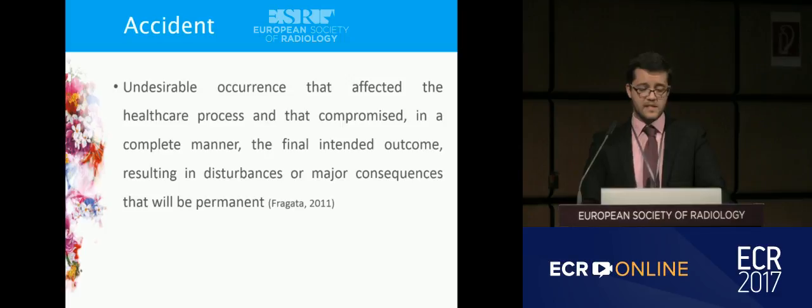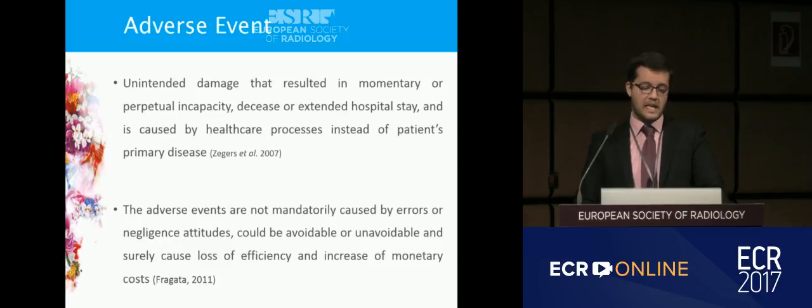The accident is an undesirable occurrence that affected the healthcare process and that compromised in a complete manner the final intended outcome, resulting in disturbances or major consequences that will be permanent to the patient. So the patient is harmed.